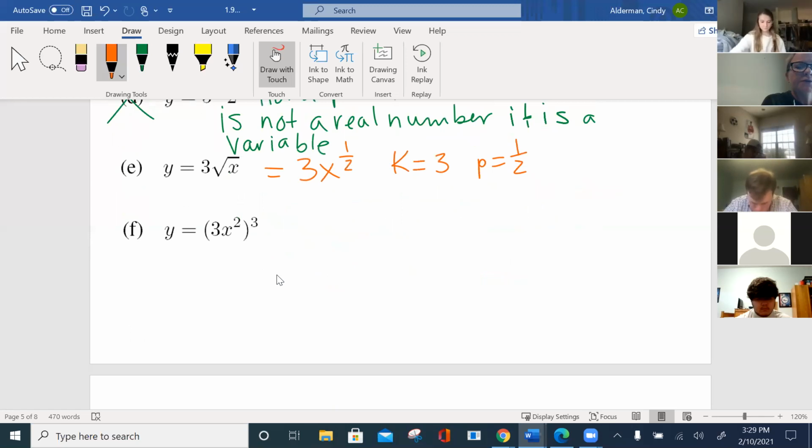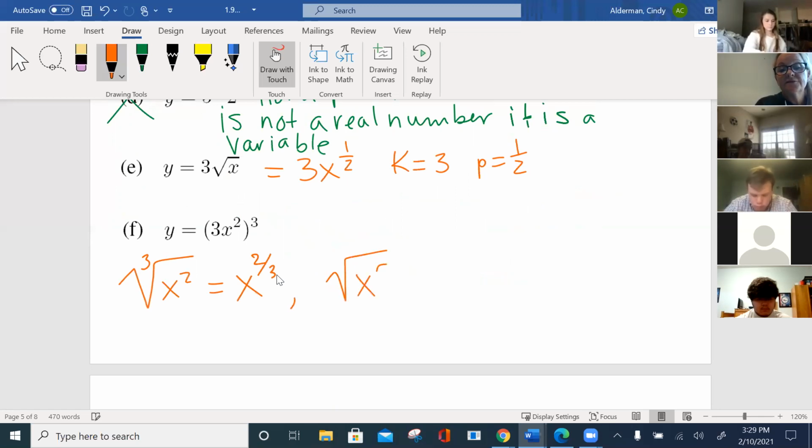Just so you know, if you had, let's say, the cube root of x squared, you would write this as x to the 2/3 power. Or let's say you had the square root of x to the 5th. You would write this as x to the 5/2, since this index 2 is implied.